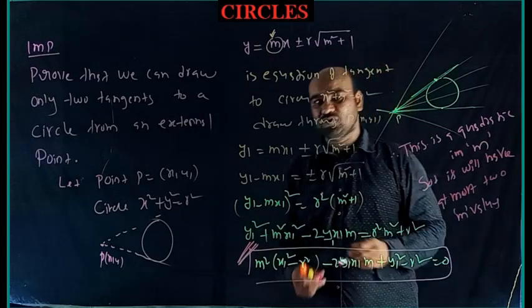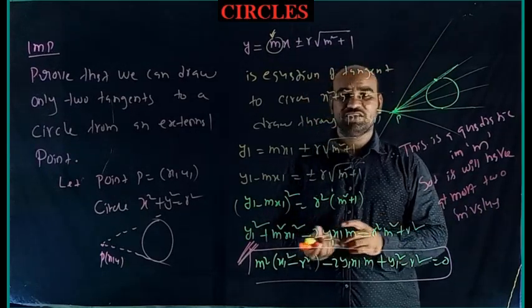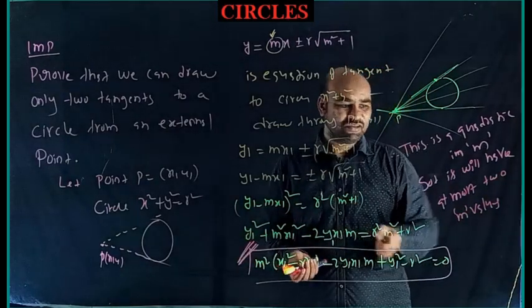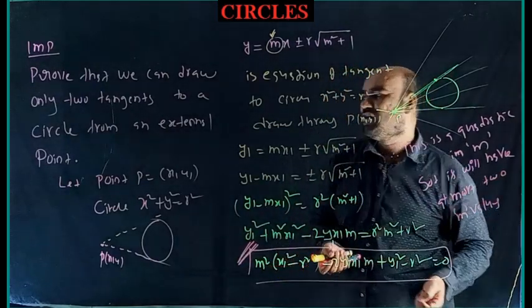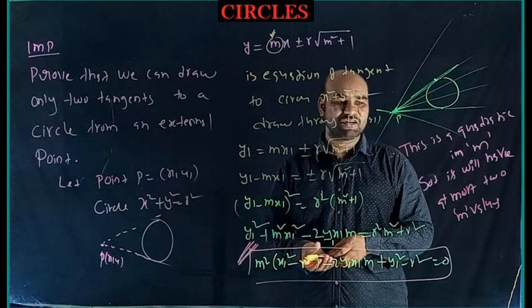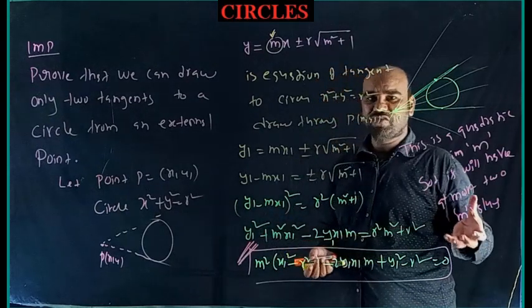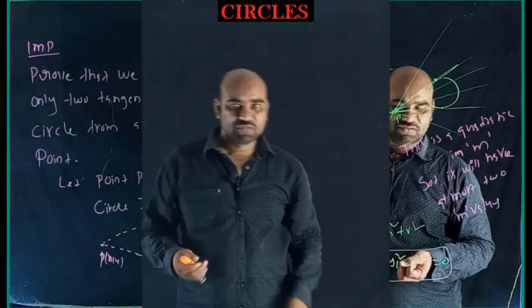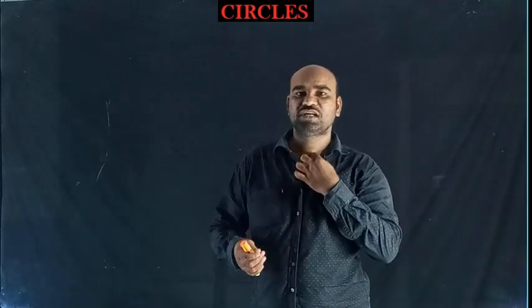That's why you can say that you can draw two tangents to the circle from an external point. Let the values of m be taken as m1, m2, then you get two different equations. Students, just observe that you can draw only two tangents to a circle from an external point.